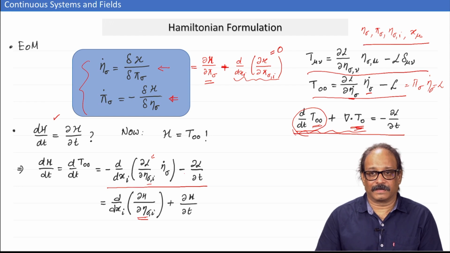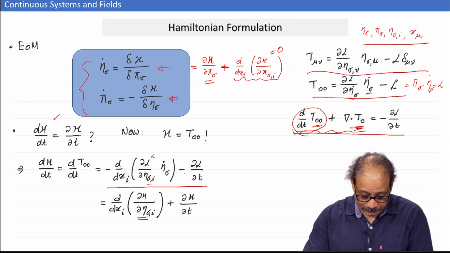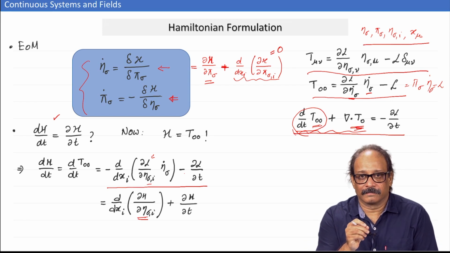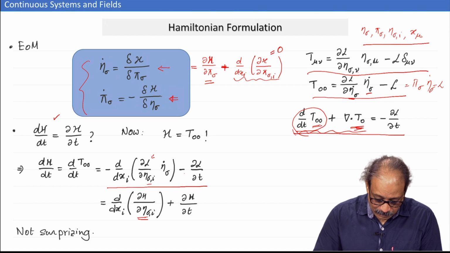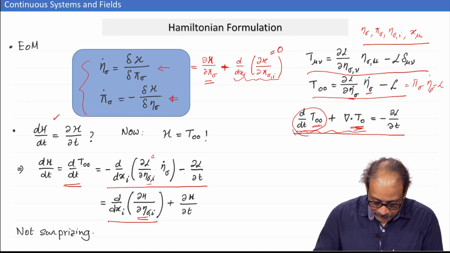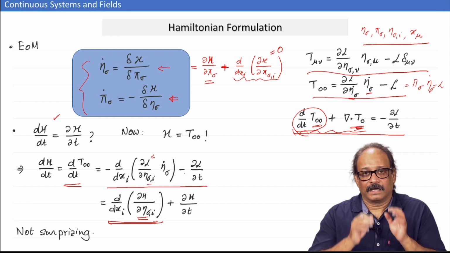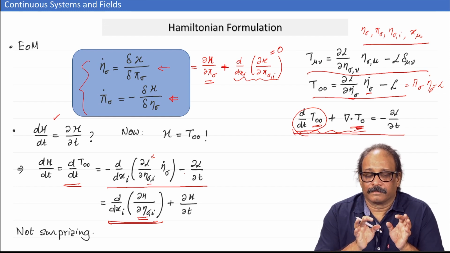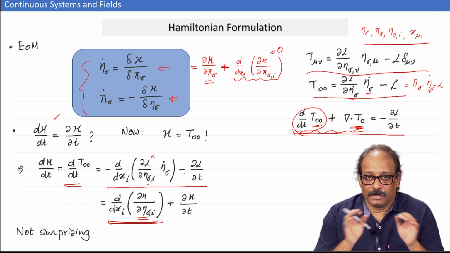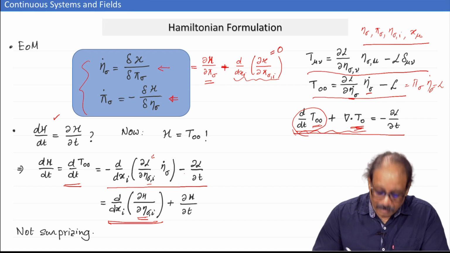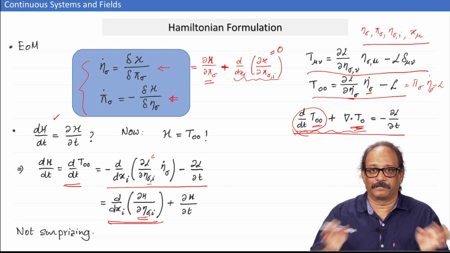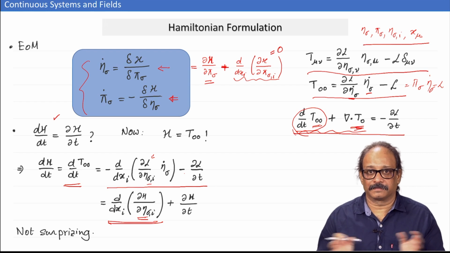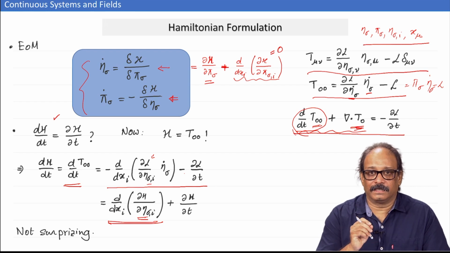So, I will write this in terms of Hamiltonian density, and now I have that statement that if Hamiltonian density is independent of time, then partial derivative of T00 is exactly equal to this quantity here. And remember, eventually the statement is the total energy which you obtain, or total Hamiltonian which you obtain by integrating this Hamiltonian over space volume, the entire space volume, is the quantity that is conserved.